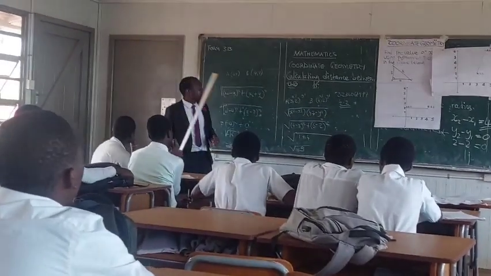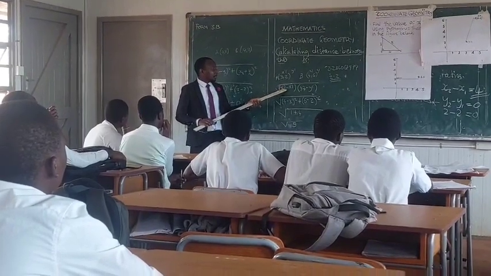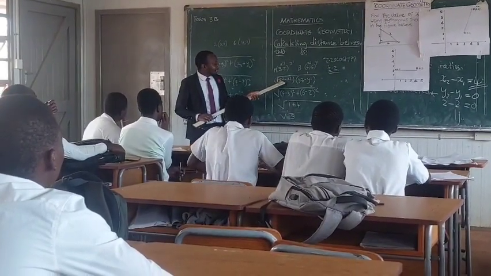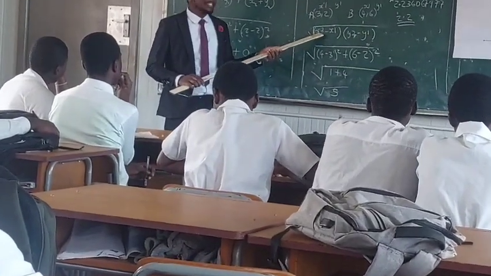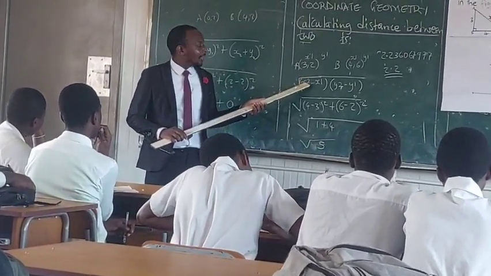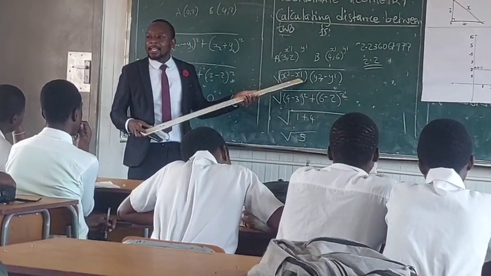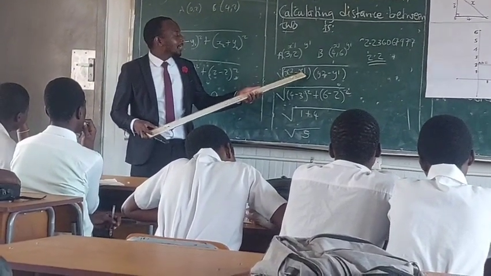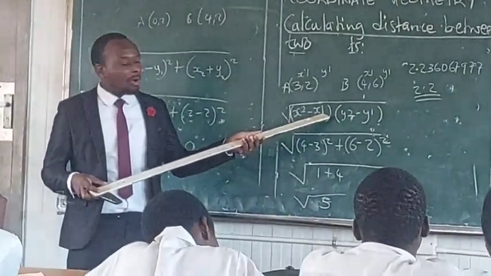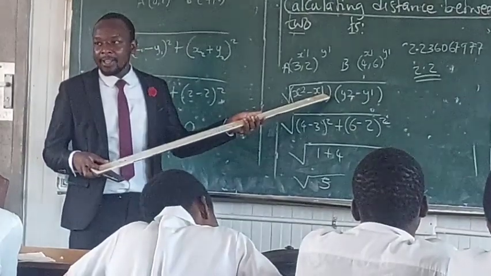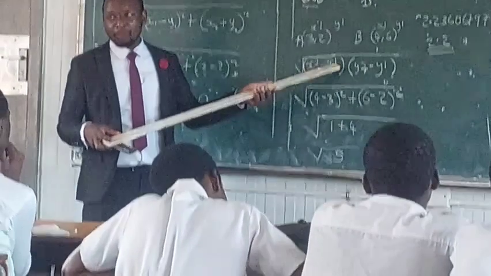The first thing, let me correct you, the way you write your symbols here. X2, the way you have written it, it looks like x to the power 2. And the way you have written x1 here, it seems that a 1 here is an integer, the whole number, and x is a coefficient of this 1.